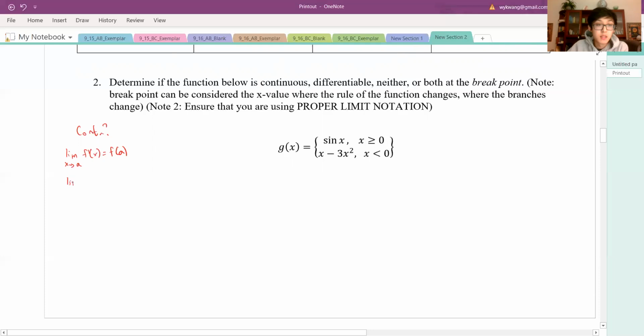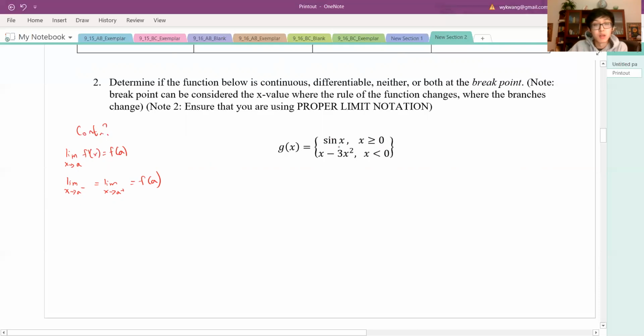So the limit as x approaches a from the left must equal the limit as x approaches a from the right, which must equal f of a. Well, what is the limit as x approaches a from the left? This is a piecewise function, so this would be the one place where continuity might not work. So x approaches a from the left of 0.